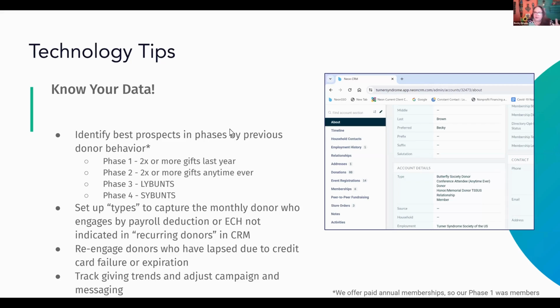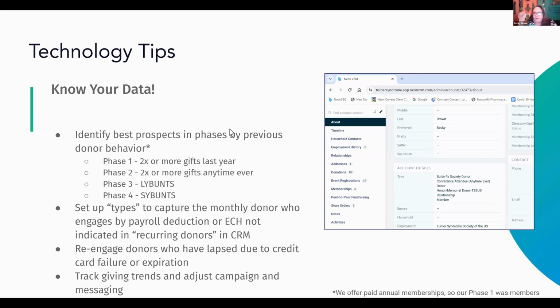So you have to identify your prospects, and I suggest you do it in phases by previous donor behavior. On this section, I left out phase one, which was the membership for us, because that's not going to be applicable for most of you. And then you set up types to capture the monthly donor who engages by a payroll deduction or by ECH or not indicated in the recurring donors in Neon.